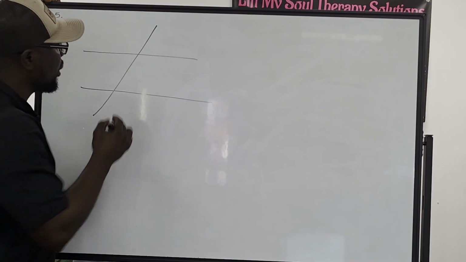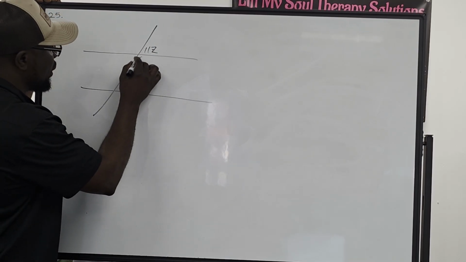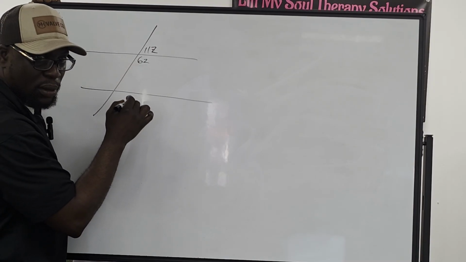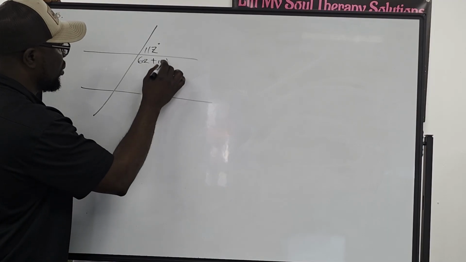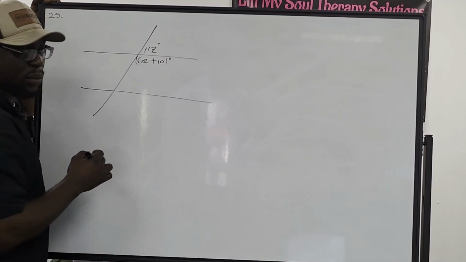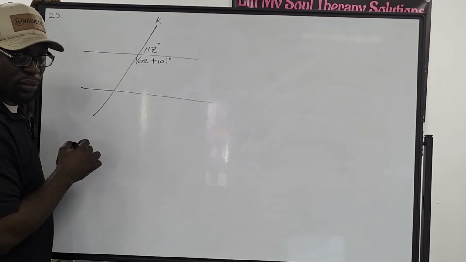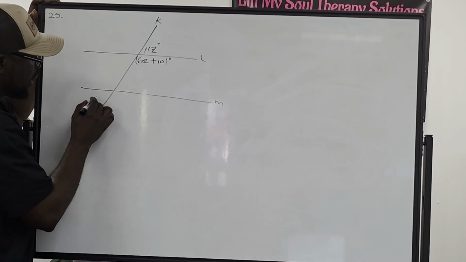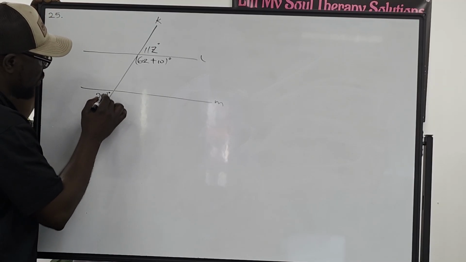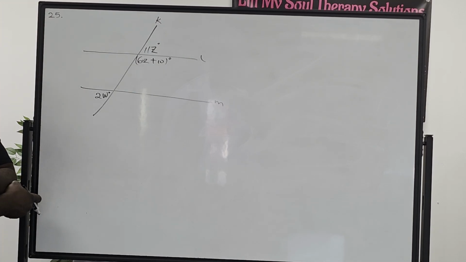This is 11Z, and this is 6Z plus 10 degrees. And this is K right here. This is L, and this is M, and this is 2W degrees. What is the value of W?